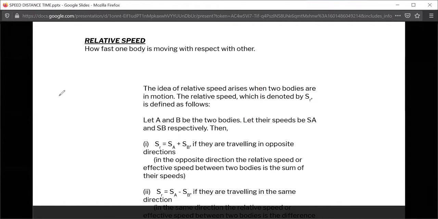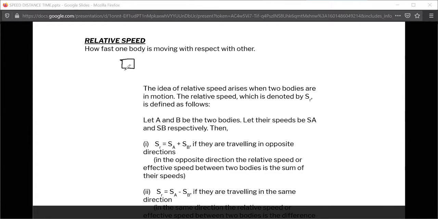Let's do the case where they are traveling in the same direction.